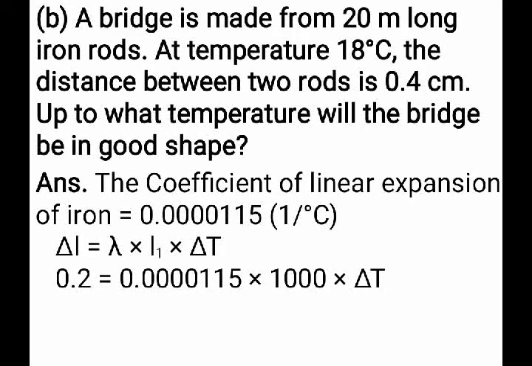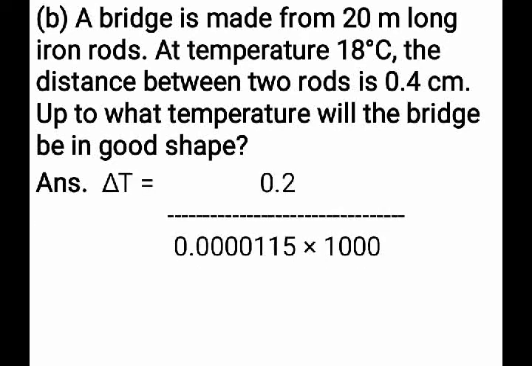If you take the change in temperature to the left side and cross multiply, the 0.2, which has no other value, will go to the numerator and the other number will go to the denominator. The change in temperature is what you are finding.